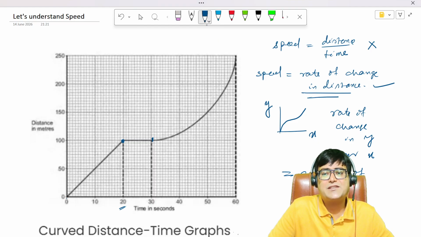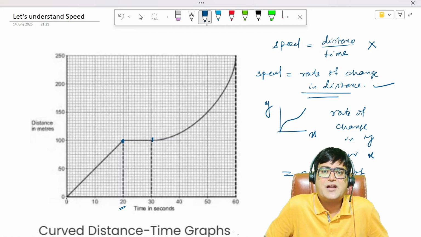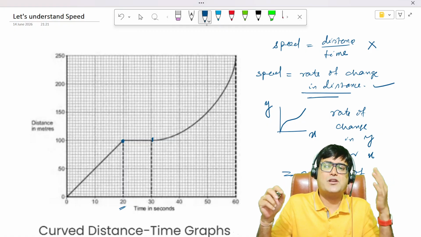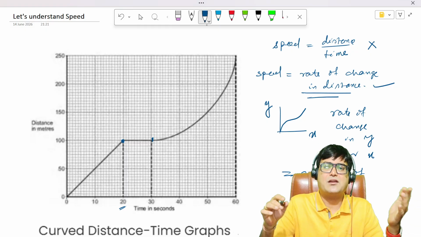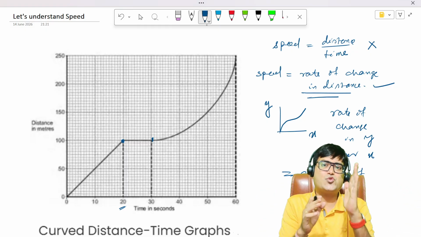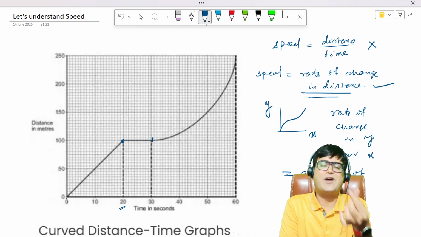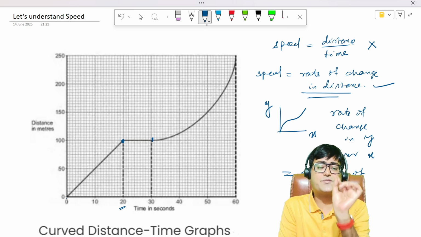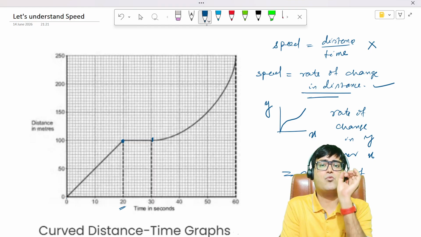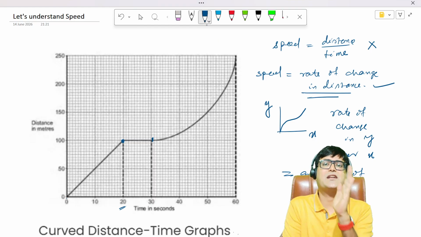That's it. Now, if you want to understand intuitively how you find the speed, you basically choose a small interval of time, from 1 second to 5 seconds, or you can go down as low as a nanosecond. So you choose a specific time interval and you measure the change in distance in that time interval.